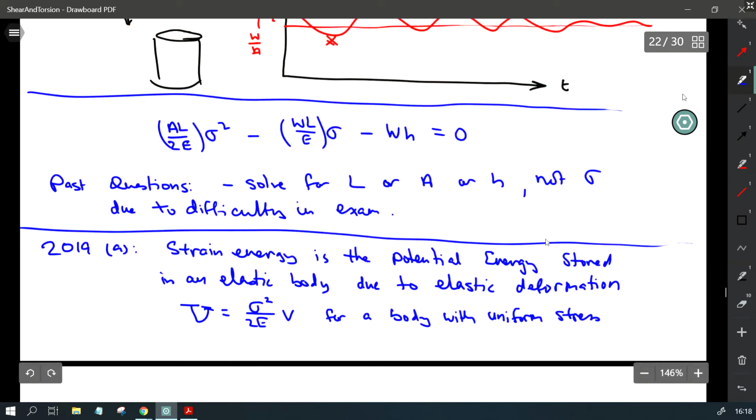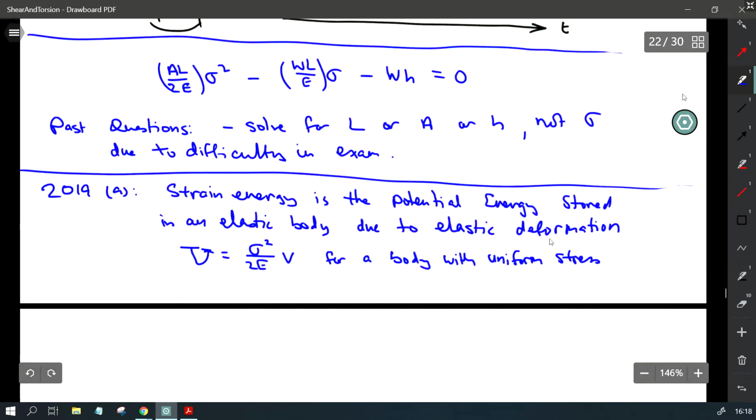Now, how is it used to analyze impact stresses?